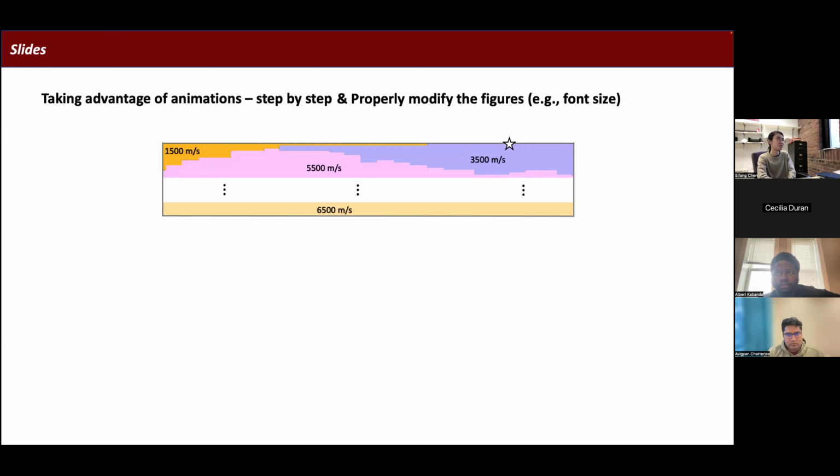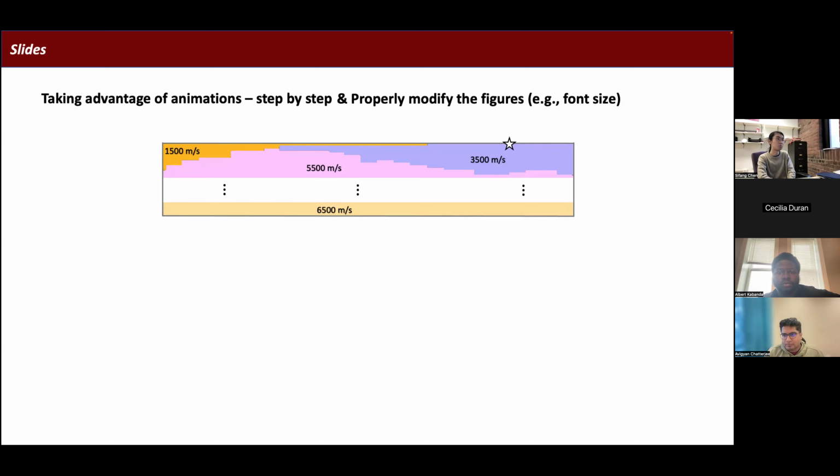And the final point about slides I want to make is taking advantage of animations. I think it's the biggest difference between a talk and a poster presentation. Using animations, you can do step-by-step explanations of your models, methods, and such things, which makes things much easier for people to understand.